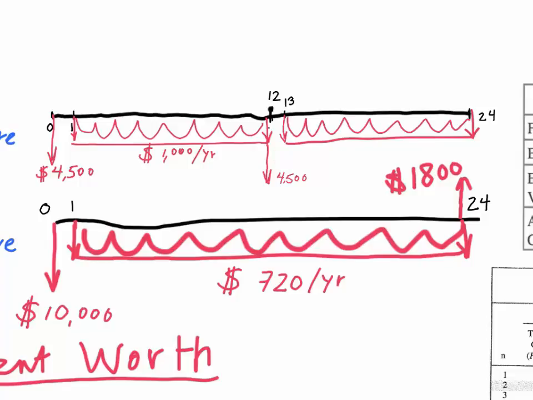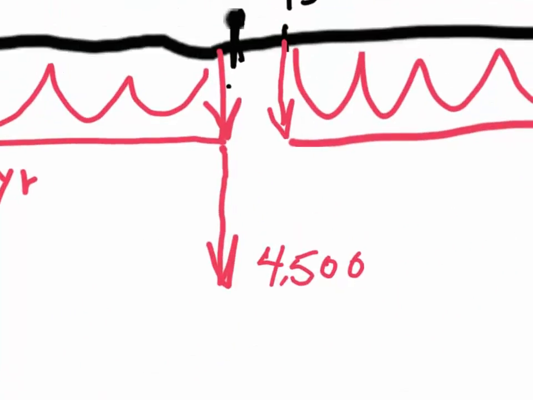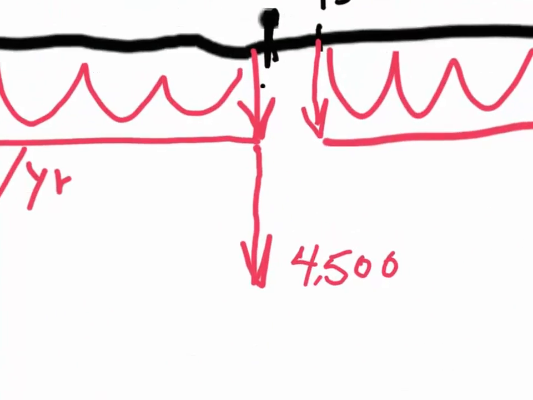It is a continuous uniform series starting from year 1 to year 24. This break here is just artificial. You can simply continue this as if it's a uniform series.